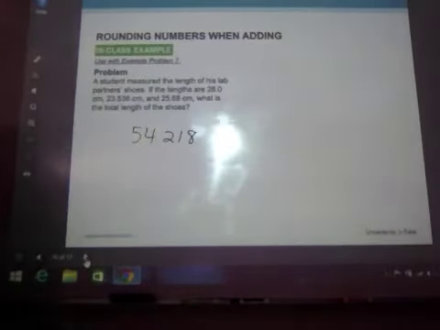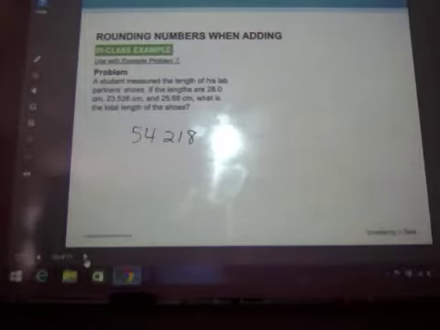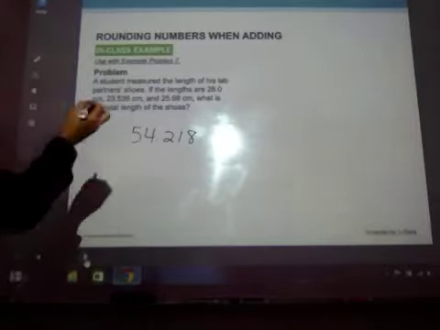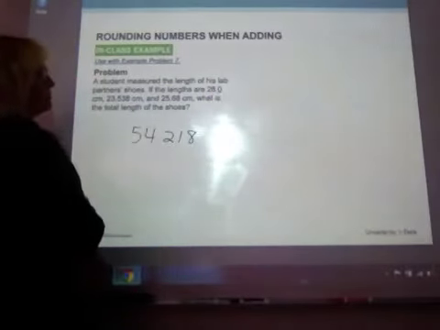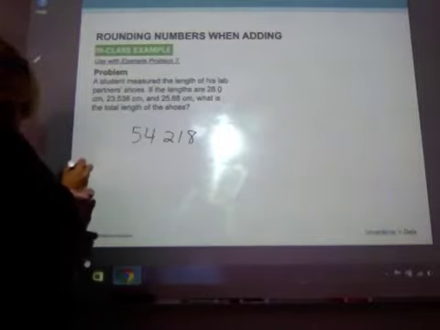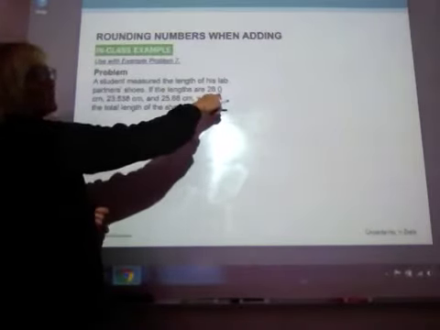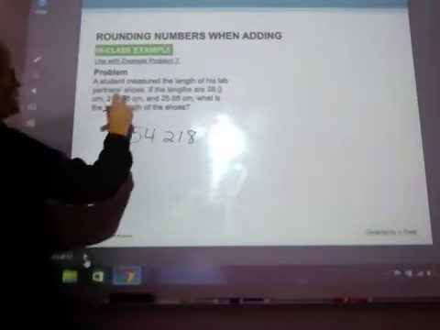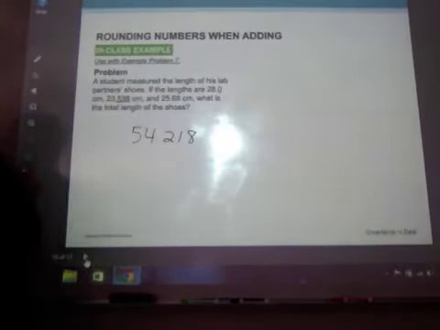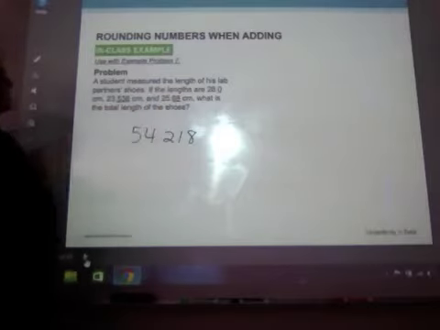Okay, I added. And in your notes I had you circle, when you add, you look at what? Decimal places or significant digits? You should have circled decimal places for adding and subtracting. How many decimal places does that have? 1 decimal place. How many decimal places does that have? 3, and this has 2.